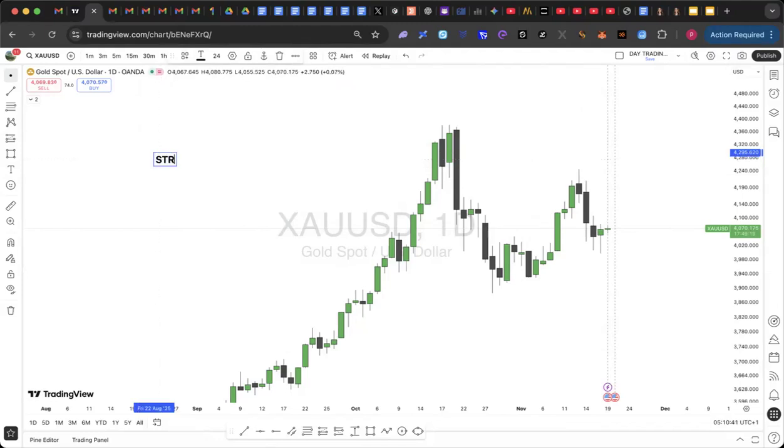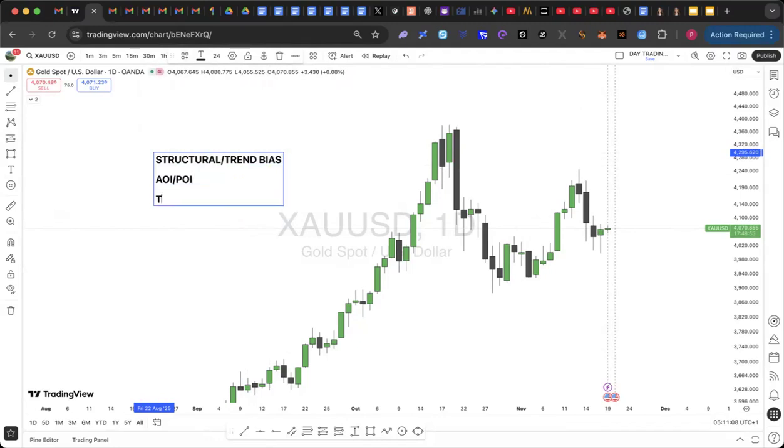So you want to understand structural bias, or what you call trend, meaning just to know where the trend is going. Next you want to have is called area of interest or point of interest, whichever thing they call it.